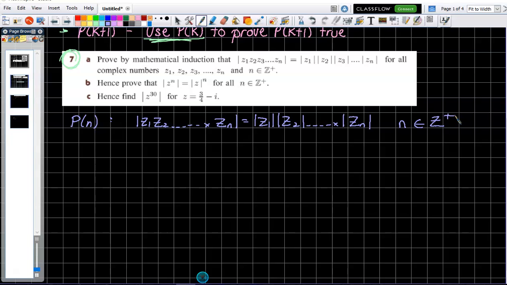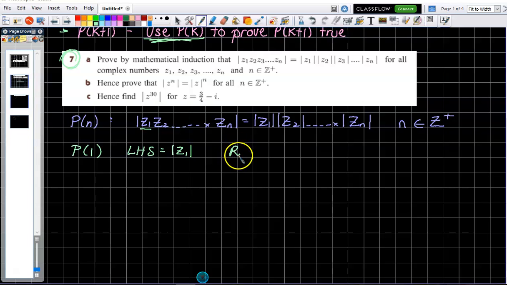So the first thing we're going to do, positive integers, that means we're looking at P1. The left-hand side is just Z1, stops right there, the first term, correct?